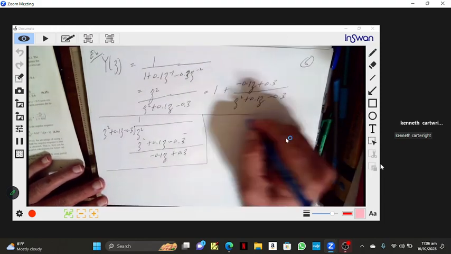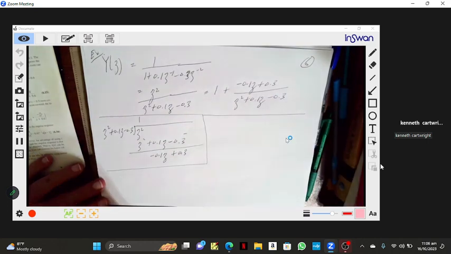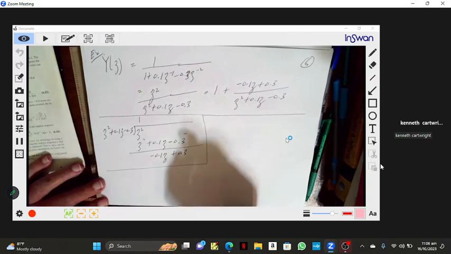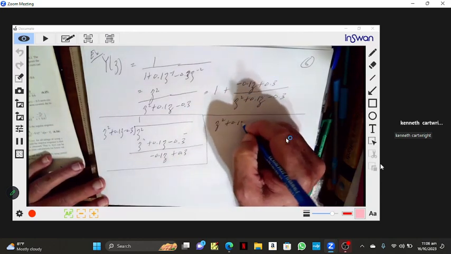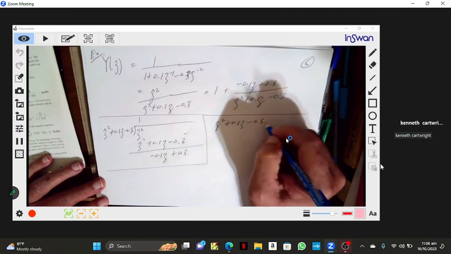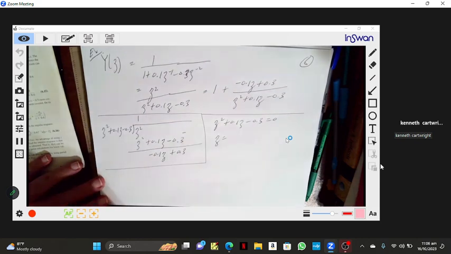So z squared plus 1z minus 0.3 equals 0. So z equals what? What is z equal to?